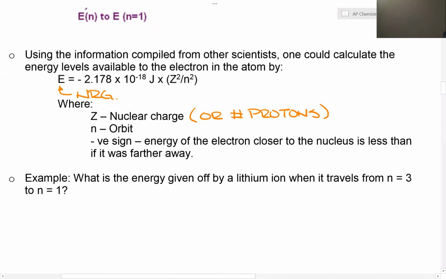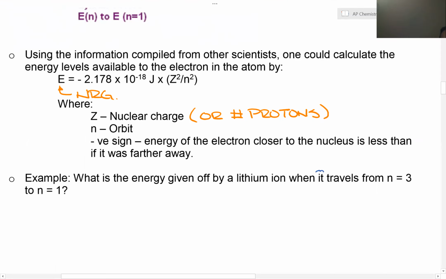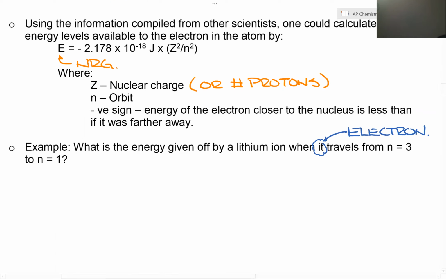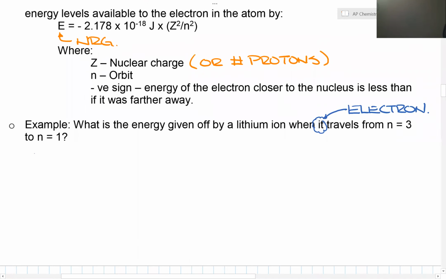Remember, this was stable, this was excited. Now, for example, what is the energy given off by a lithium atom when it travels from n equals 3 to n equals 1? Now, when we talk about it, we're talking about the electron. Okay, so how would we approach this question? Well, we would calculate.